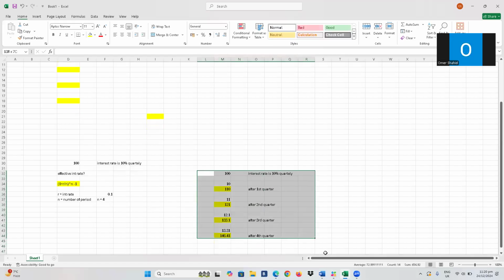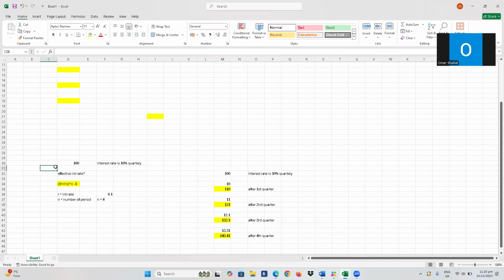Okay, now that's the longer way of calculating what our amount will be after fourth quarter. Now let me show you how we calculate this exact amount using our effective interest rate.